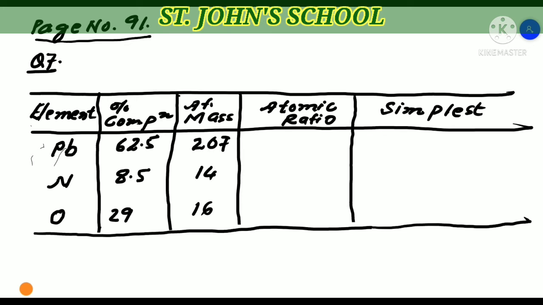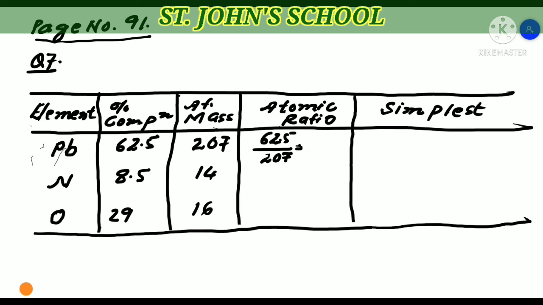When the element, percentage composition and atomic mass are given, then comes the atomic ratio. To get the atomic ratio, we write the percentage in the numerator and the atomic mass below.